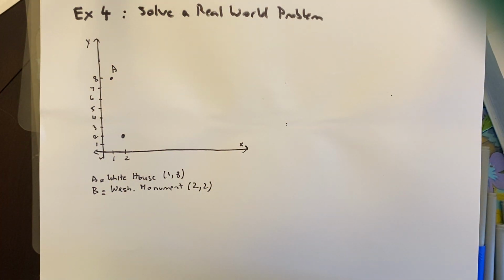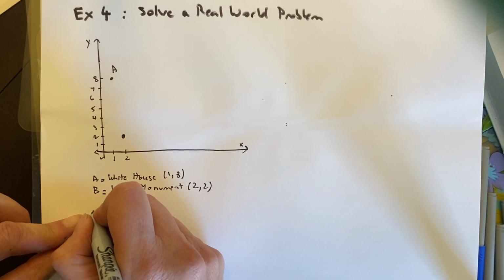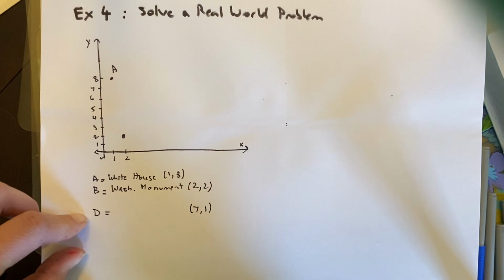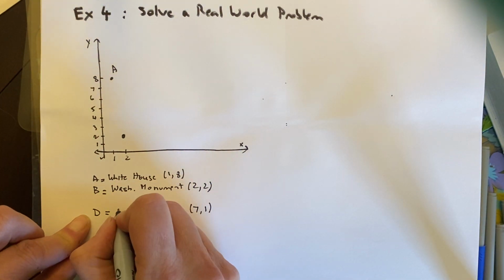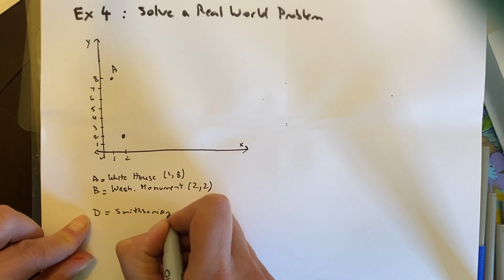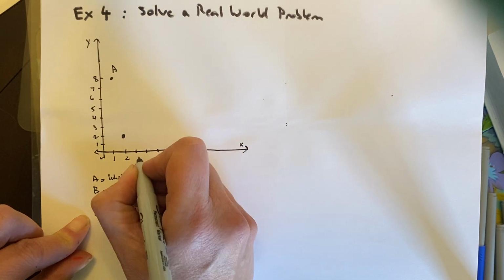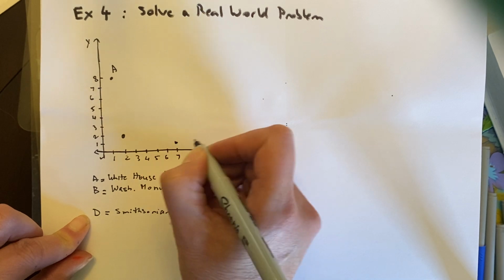Moving down, let's see, 3, 4, 5, 6, 7. Point D is at 7, 1. I'll come back to C. And point D is the Smithsonian. So 1, 2, 3, 4, 5, 6, 7. And 7, 1.